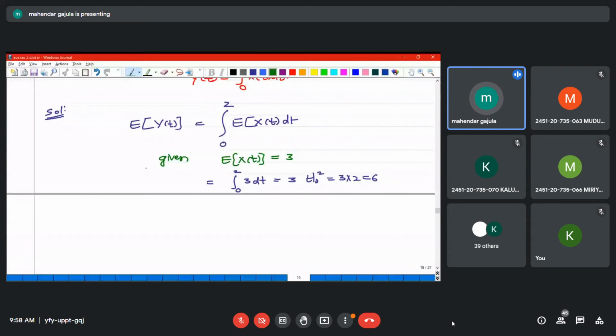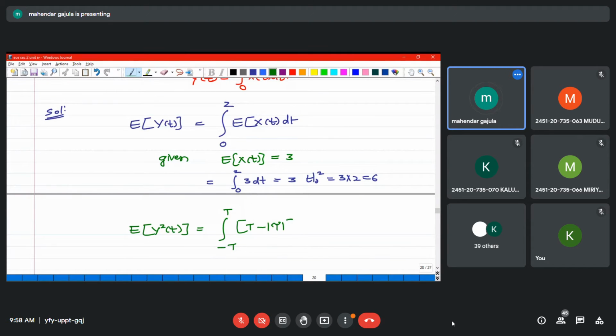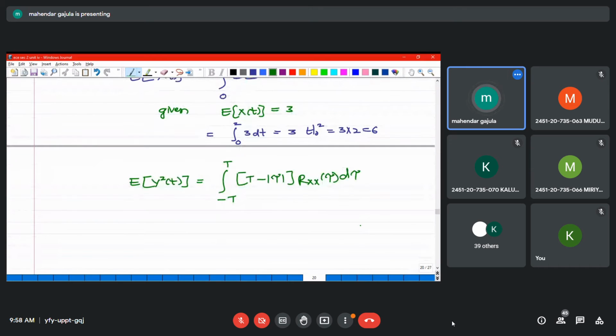We have to find the variance, but before that, let us find the mean square value of yt. What is the formula for this? Integration from minus t to t of (capital T minus mod tau) r double x tau d tau. So we have to know what the T value is.